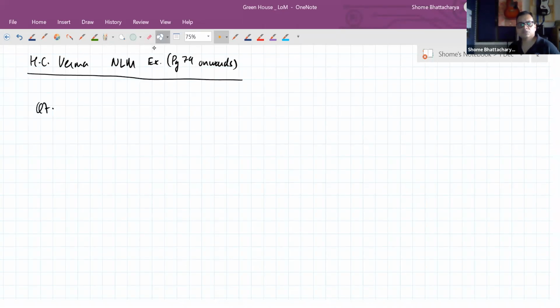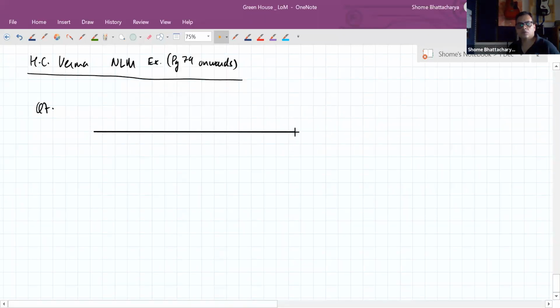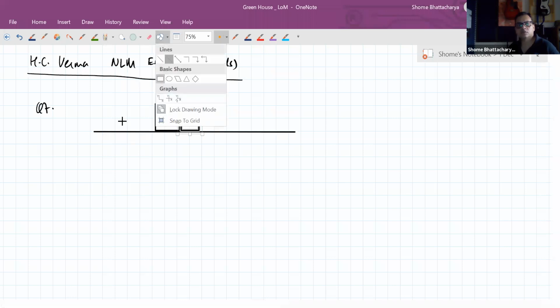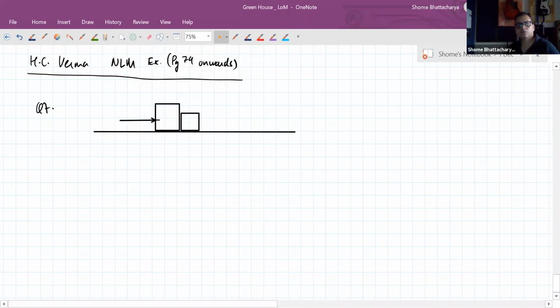So question 7, the situation is basically something like this. You have on a horizontal surface, a combination of two blocks kept against each other, and it says that the experimenter is pushing one of the blocks with a force like this. So the question that is asked here is, what is the force between A and B? What is the force that acts between A and B?